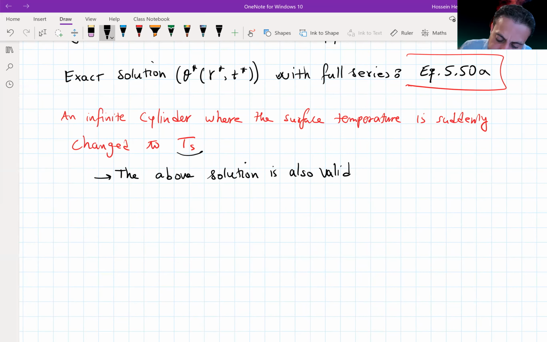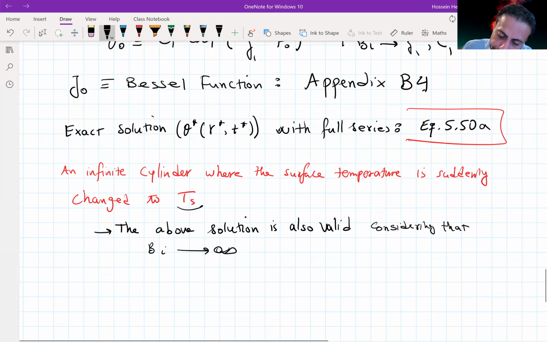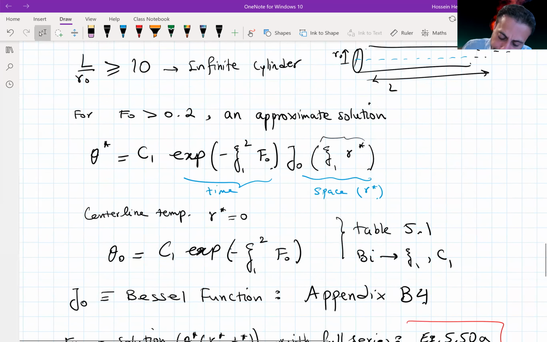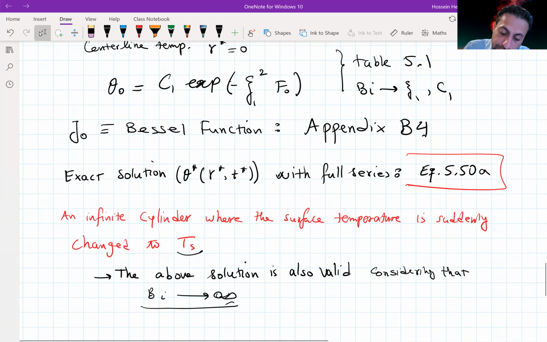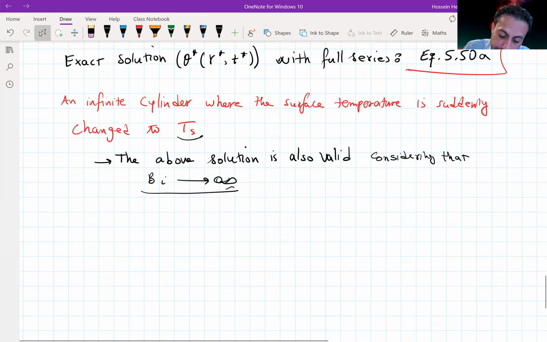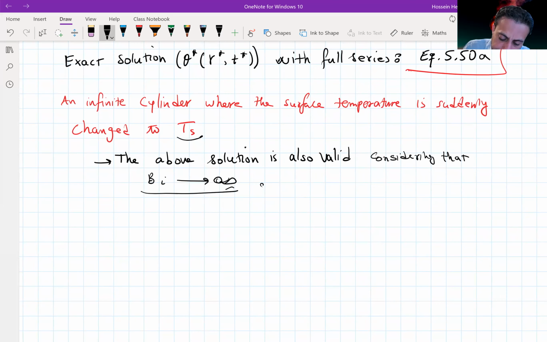It is also valid, considering that for that case, it means the Biot number goes to infinity, similar to the other ones. And then we can read the values of xi1 and C1 from table 5.1.